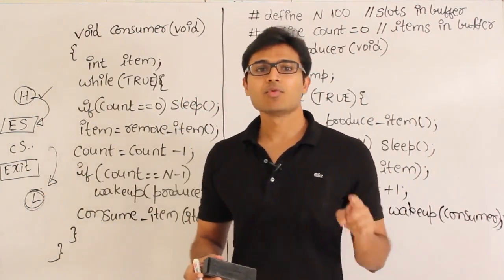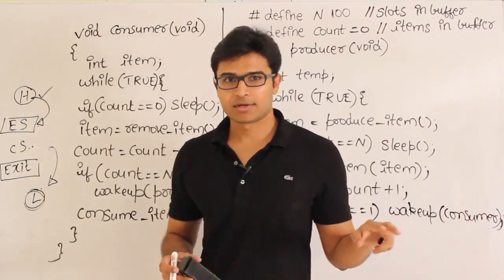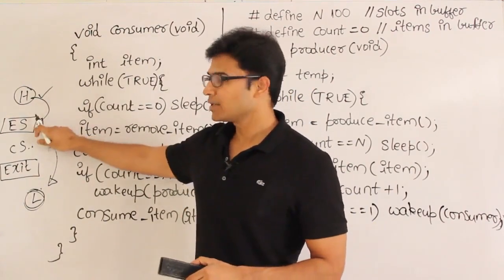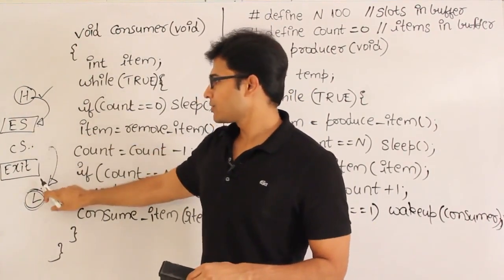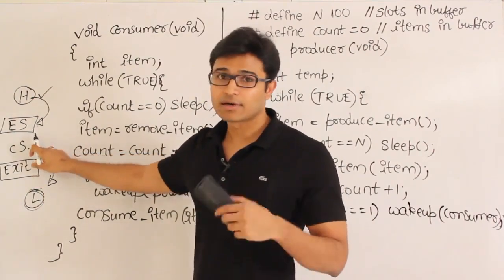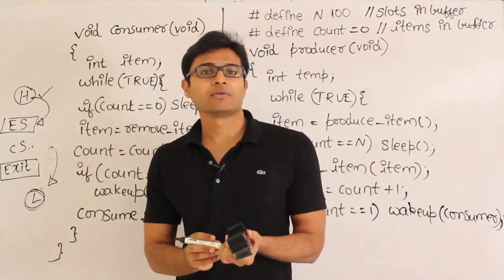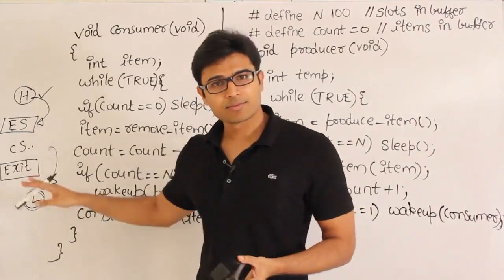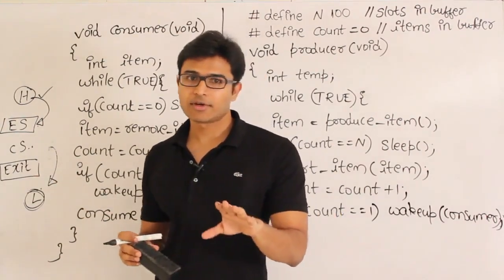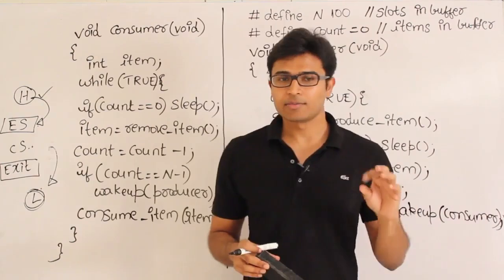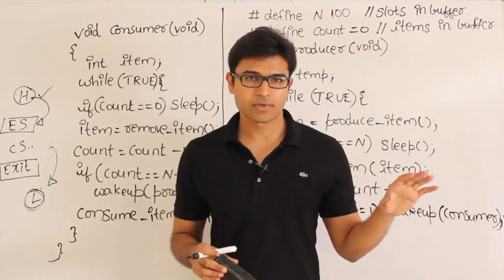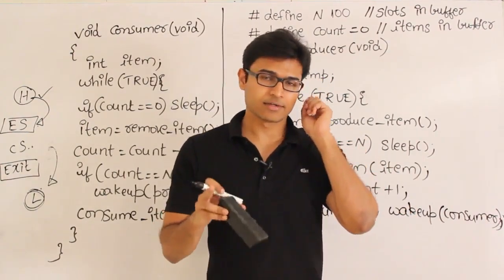Therefore both of them will get stuck. High priority process will get stuck in the entry section, and low priority process which is already there in the critical section will never get a chance to execute. Therefore it is called the priority inversion problem, and this problem is possible in all the solutions which we have discussed till now, either Peterson or all of them, the processes with busy waiting.